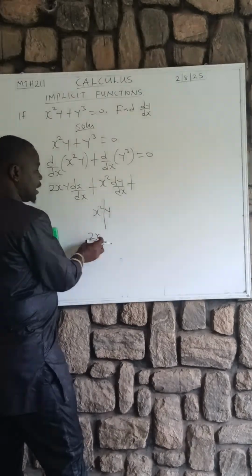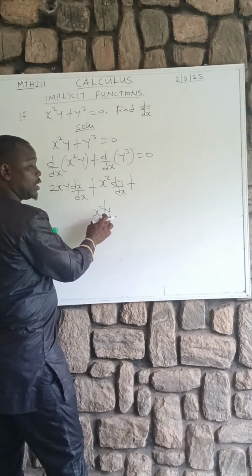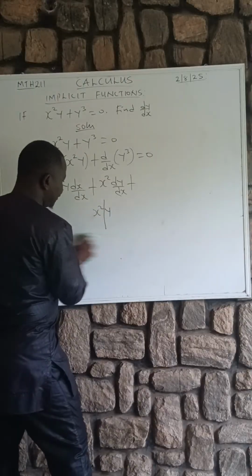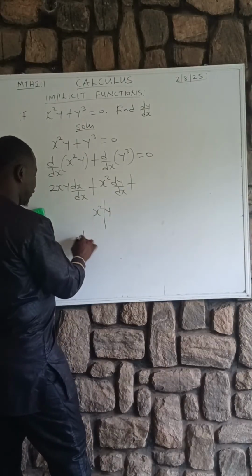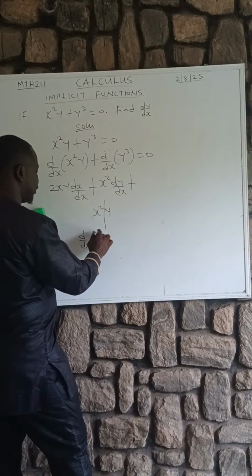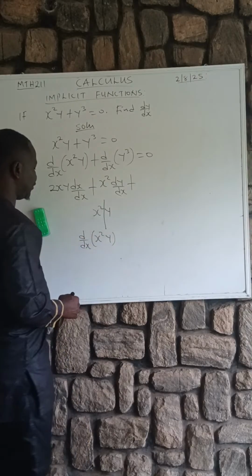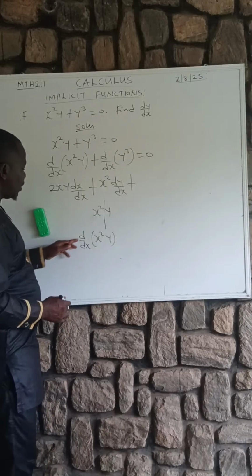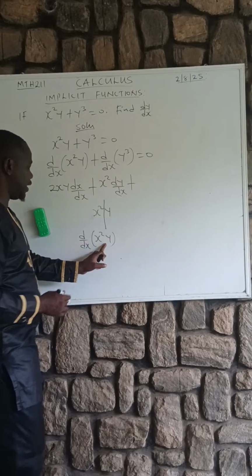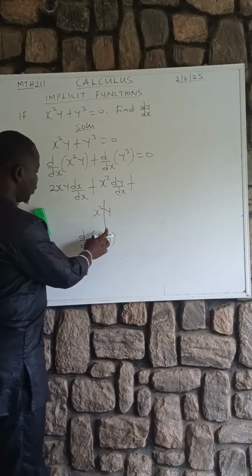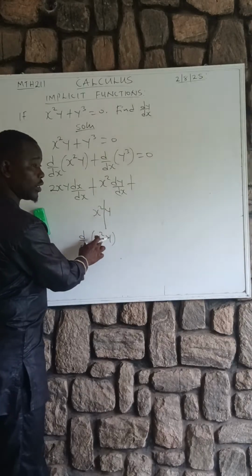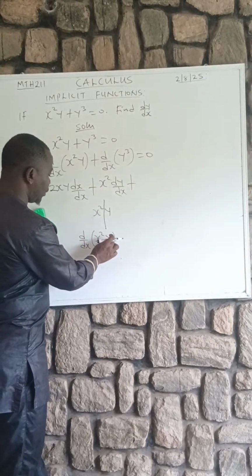Then use this answer to multiply the one we hold as constant, giving 2xy. Here we have d over dx of x squared y, which means differentiate what is inside.